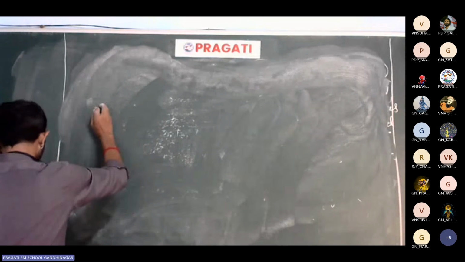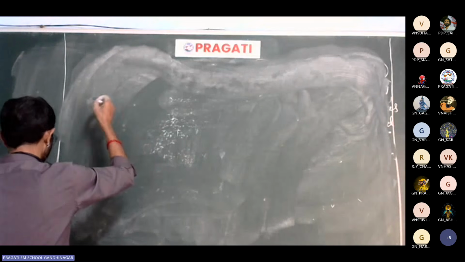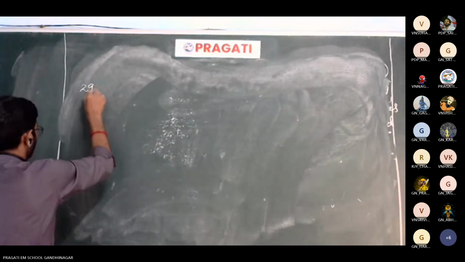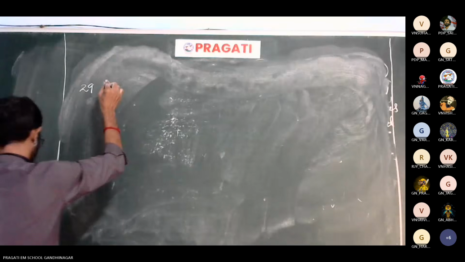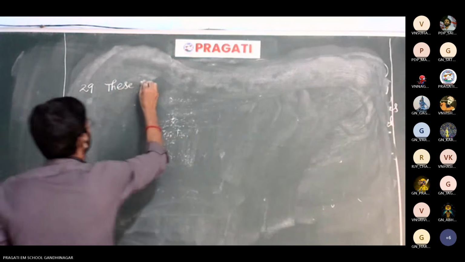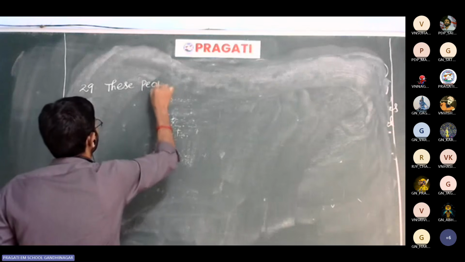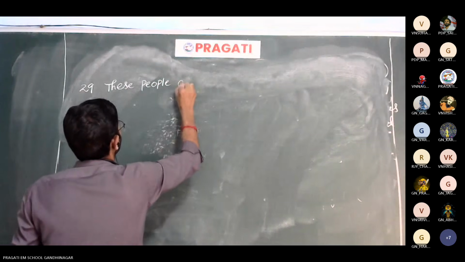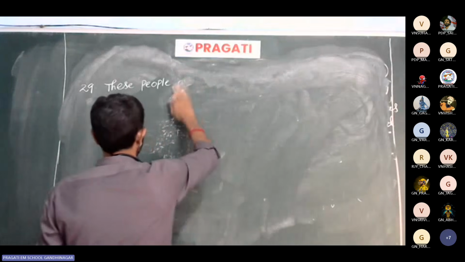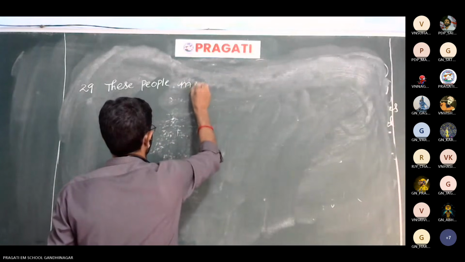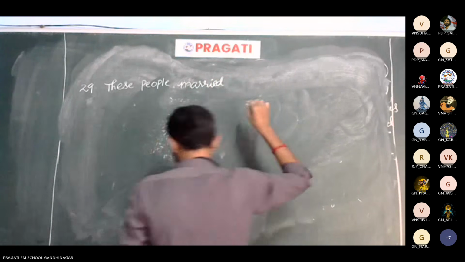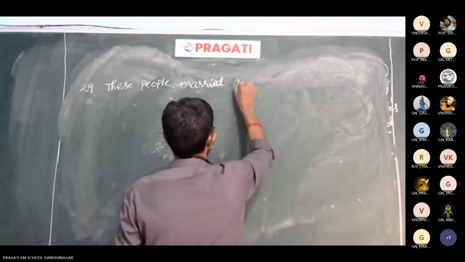So options are given, so you have to go for the right one. Question number 29. These people married amongst the locals.